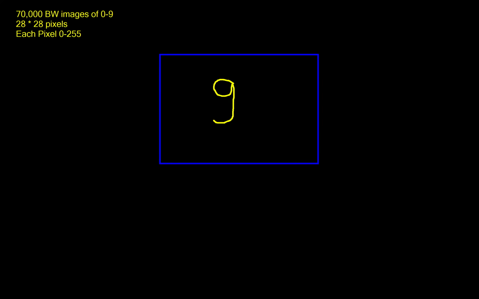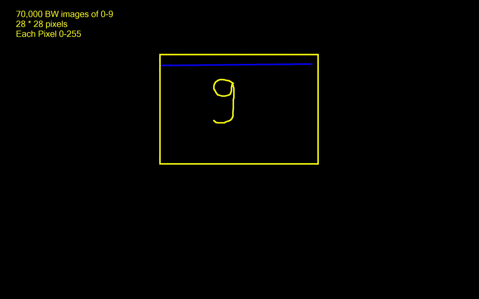And each pixel has a value from 0 to 255. What does it mean? Let's say we have a number 9, something written like this. What was done is that it is divided into 28 by 28 pixels, which means they created 28 rows like this, dot dot dot.